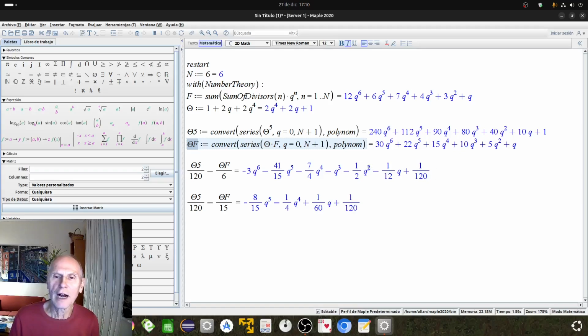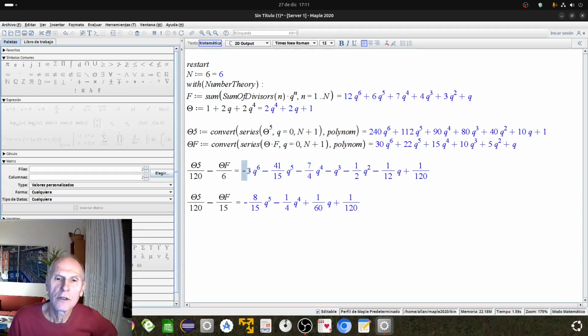So this should be the guy, but, and that's very strange, because in problem 6, we showed that these guys should, oh, and this coefficient should vanish. And if we use this one, that's what we get. The coefficients to q squared, q cubed and q to the sixth vanish.